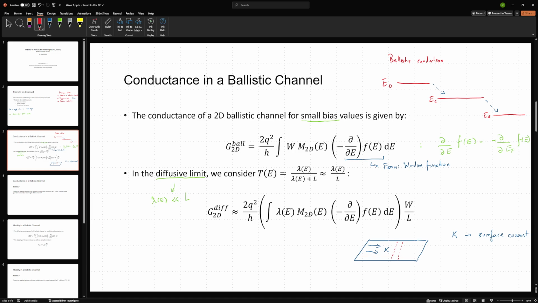And we have Ohm's law that tells us J is equal to sigma times the E vector. This is Ohm's law for 3D systems. Similarly, by analogy, I can also say K is equal to sigma 2D times E.